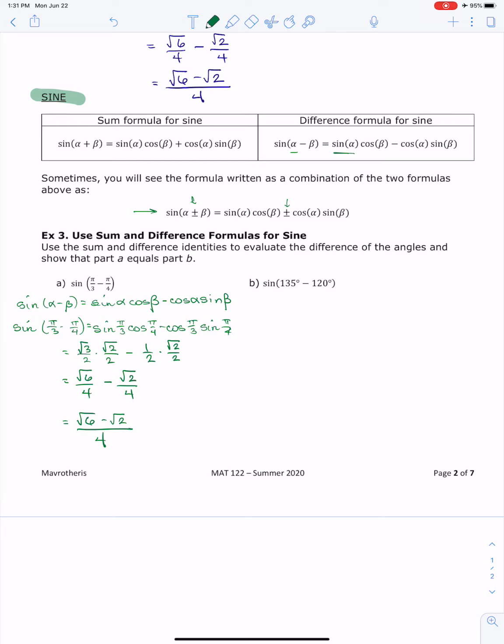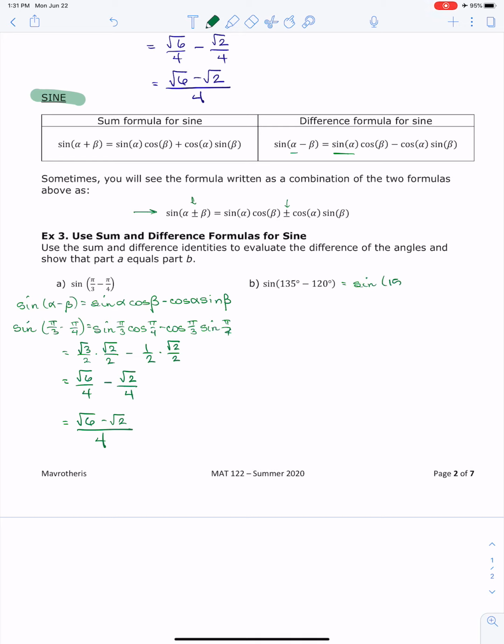Another subtraction. So sine of 135 minus 120, this is laid out for you. What we're finding here is the sine of 15, right? 135 minus 120. Notice also over in A, pi over 3 is the same as 60 and pi over 4 is 45. A was also finding the sine of 15 degrees, so we really should be getting the same value here.